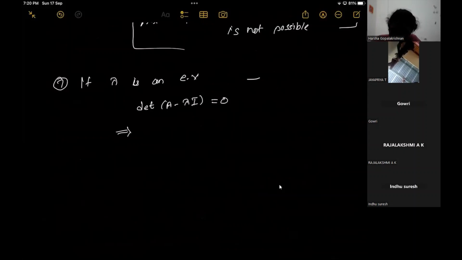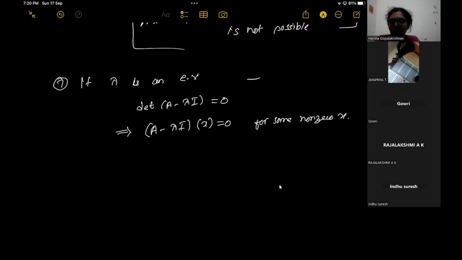So there exists a non-zero x such that (A minus lambda I)x equals 0. So if we start with any eigenvalue, that is a root of the characteristic equation, we can find an eigenvector associated with that eigenvalue.